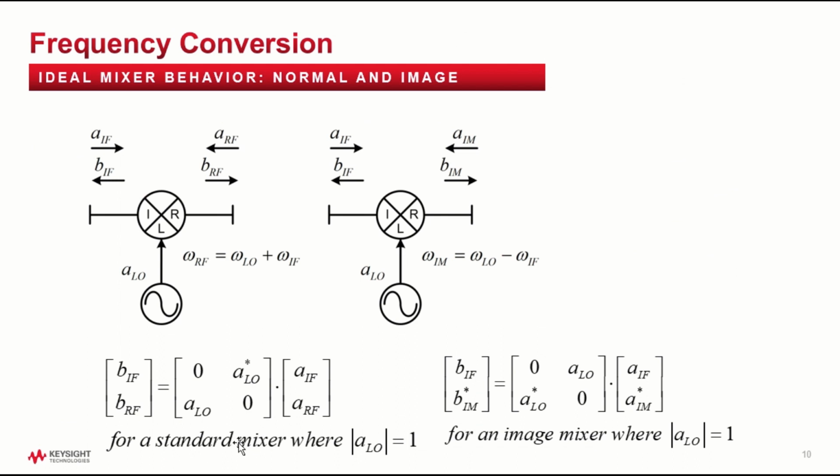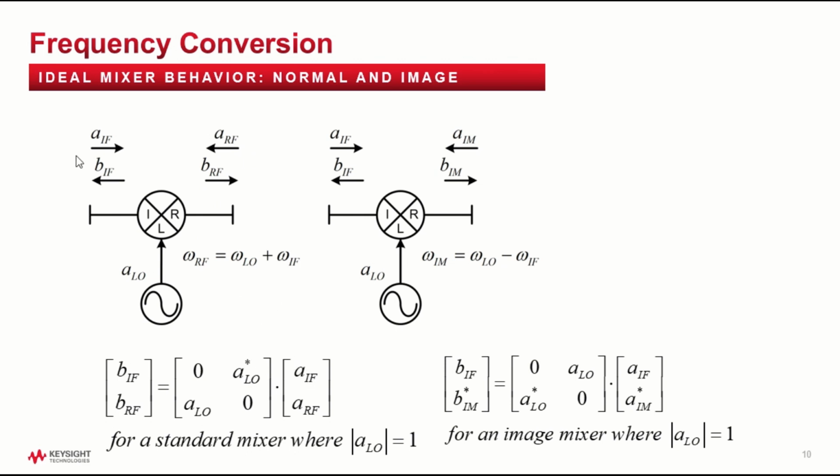So where that leads us is, for a standard mixer, if we try to say how much RF output signal is due to the IF input signal or the RF input signal. Now in this case, what we say is this mixer is ideal. So we put a 0 here and here. These would be kind of the reflection terms. So if ARF goes in and it has a 0 here, none of this BRF signal comes out according to the ARF.